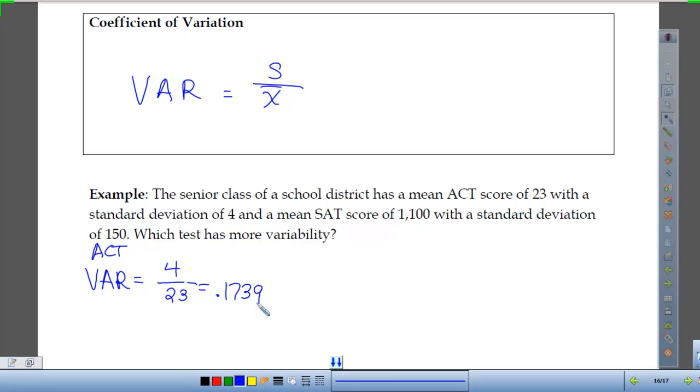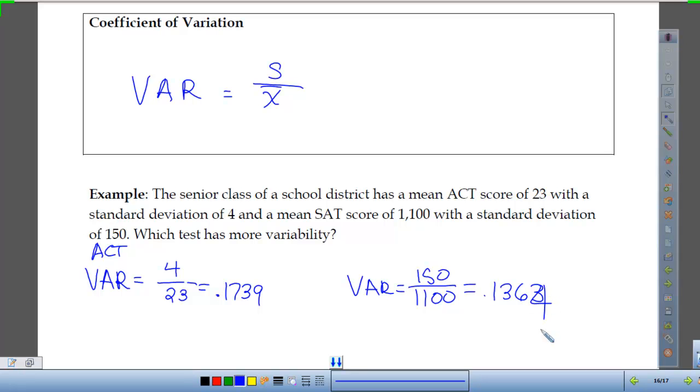And then for the SAT, we've got 150 over 1,100, which comes up to 0.1363, if we round to 4 places.